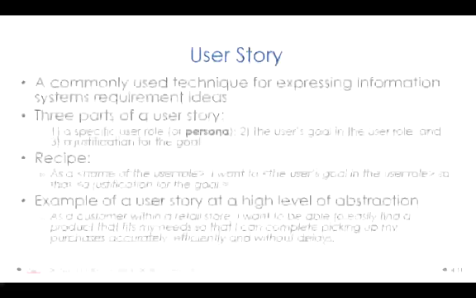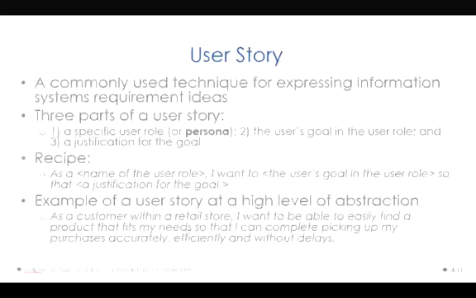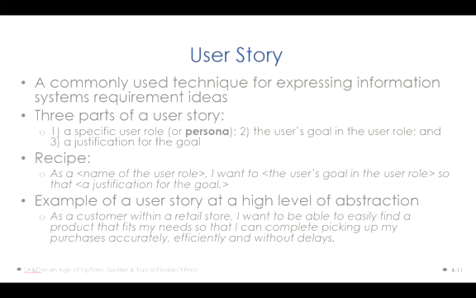So a general recipe for the user story we recommend you practice writing is this: you need to identify the user, and the user in the UML model will be called an actor. This actor, called the user role, wants to do something and wants the system to do something for them. And what is the goal of this particular system?